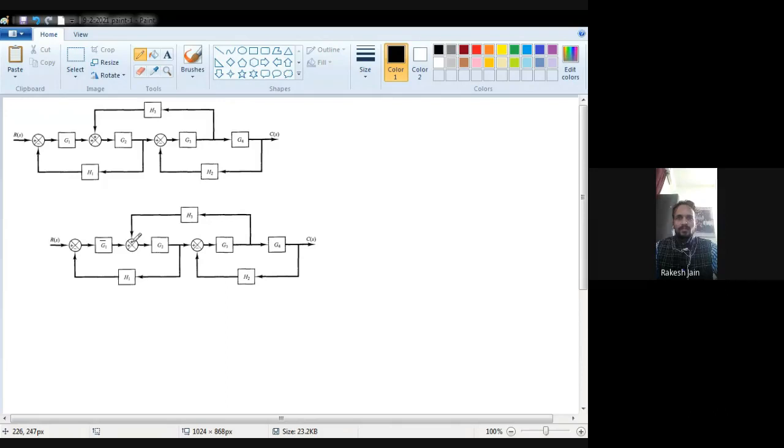This is G1. This is H1. And this is your H2. Okay. And the output is C(s) and input is R(s).